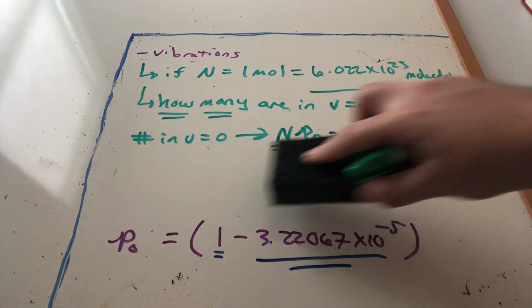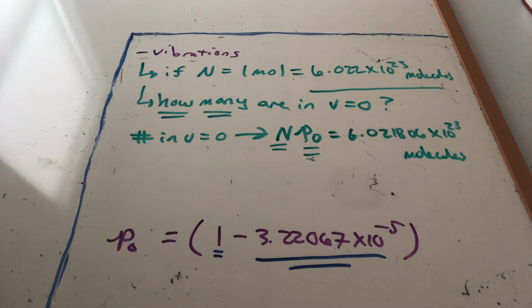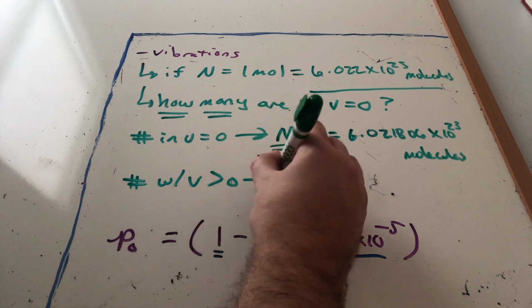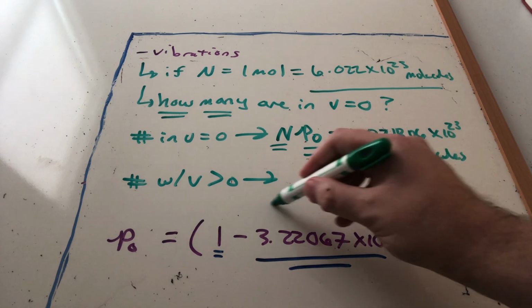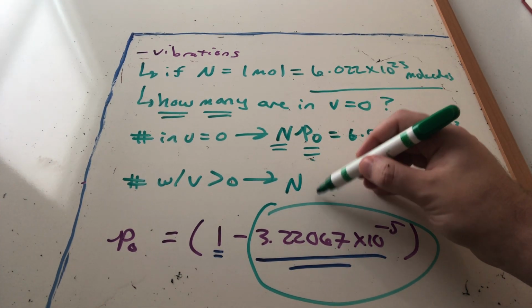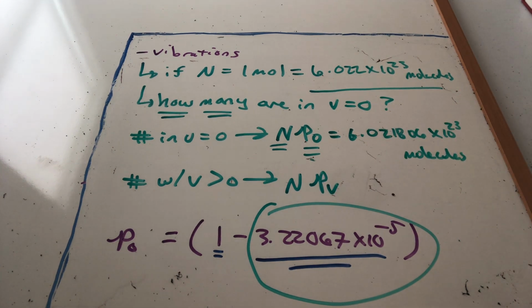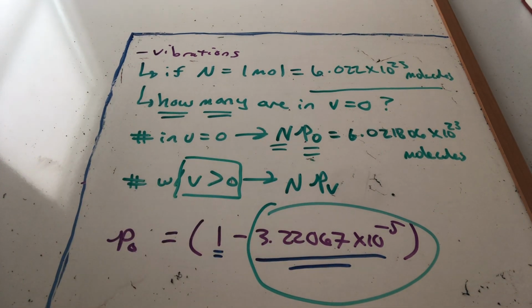What about the number of molecules that are outside of that ground vibrational state? So the number with a V greater than 0. How many climb up that ladder? Well, we could use this value, remember from the last part of the example, which told us how many are outside that ladder. We can multiply this by N, and I'm just going to call this a general PV, where V represents these V's that are greater than 0.